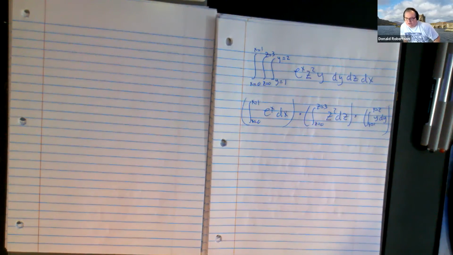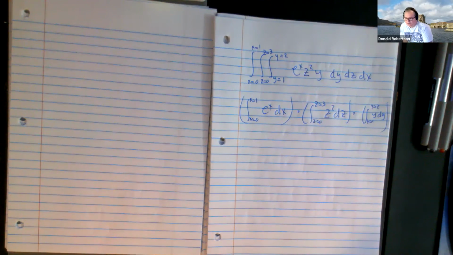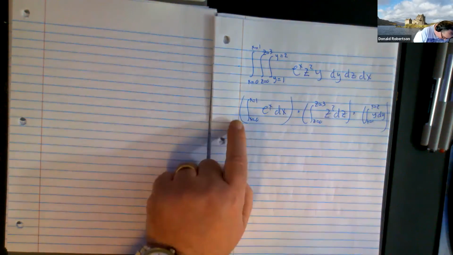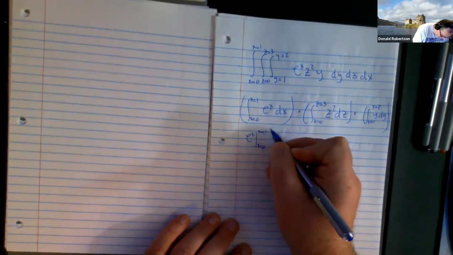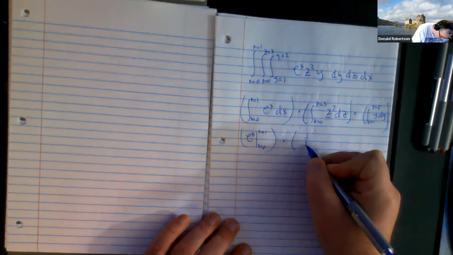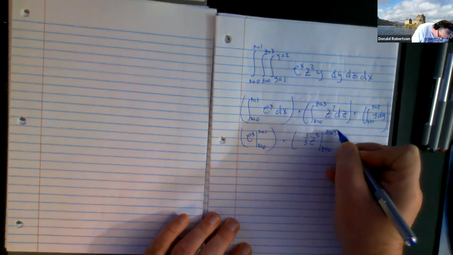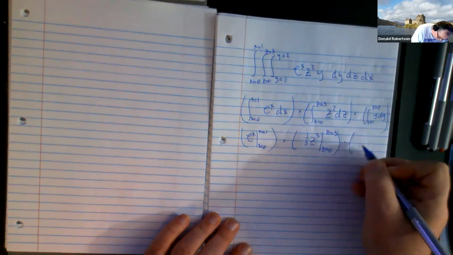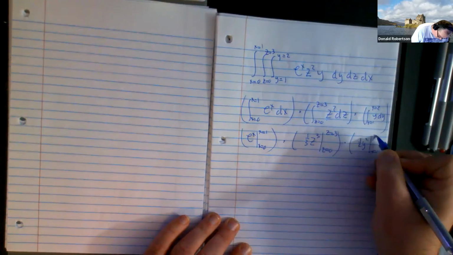And when you do these guys, aren't you basically just doing Calc 2 stuff, right? Now, if you do this one, you're going to have e to the x evaluated at 0 and at 1. If you're doing this guy, you're doing 1/3 z cubed evaluated at 0 and at 3. And if you're doing this last one, you're doing 1/2 y squared evaluated at 1 and at 2.